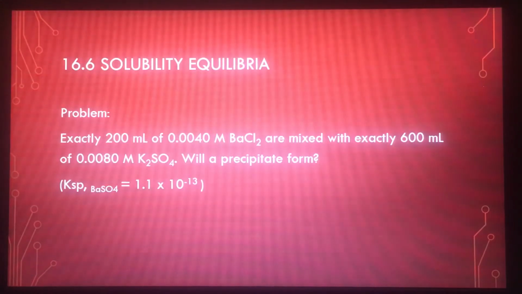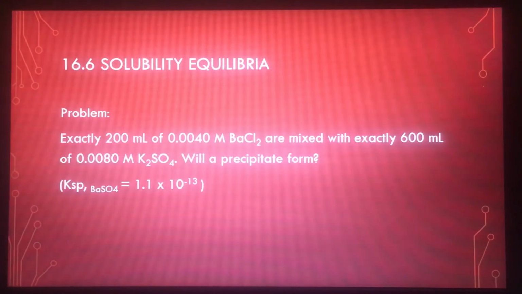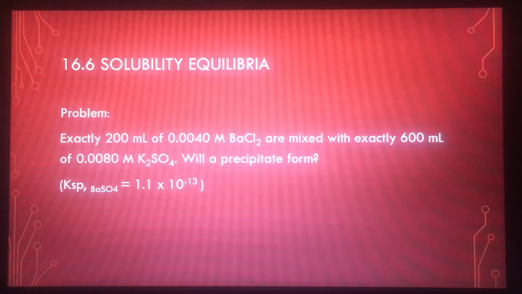After adding, we now have a new volume for the solution. That means this concentration and this concentration will change. So what you need to do is first solve the concentration after mixing, by using C1V1 equals C2V2, or the dilution equation, and then proceed with calculating the Q, or the ion product, and compare it with this KSP.